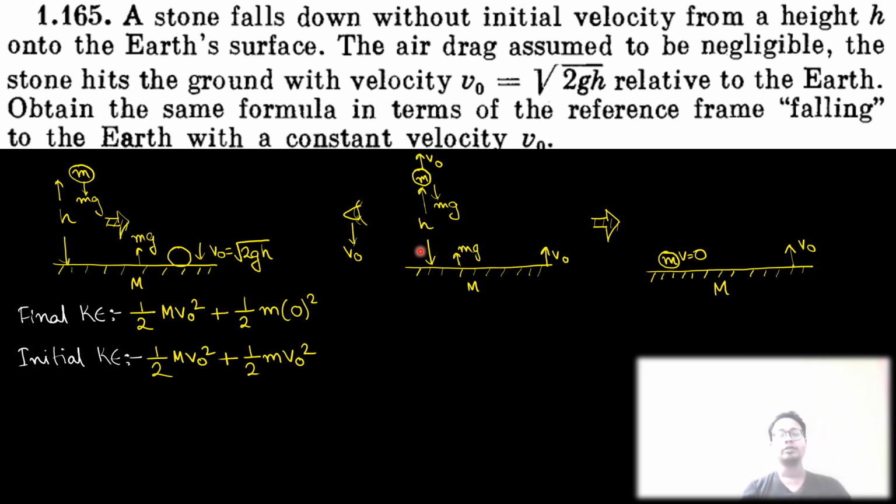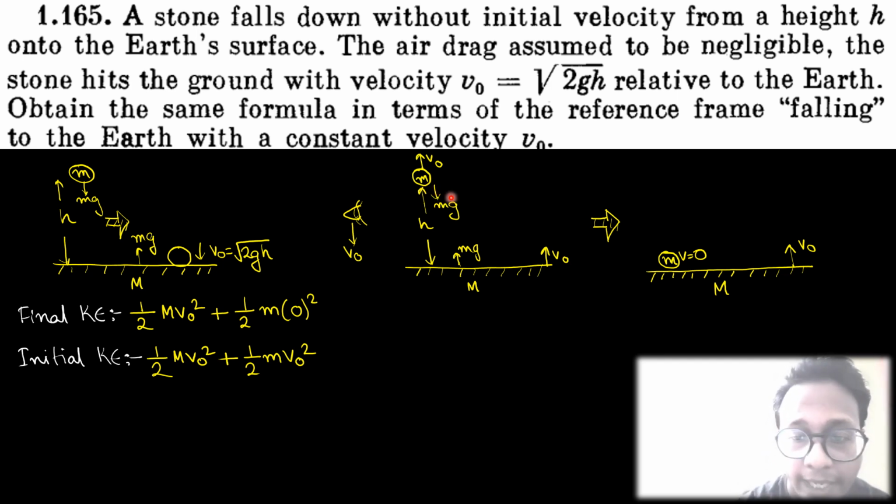Okay, so now my problem is, what is the work done? See, from this frame of reference, when the ball collided with the earth, how much distance did the ball cover? The ball has covered h amount of distance, no? Is it positive work or negative work?